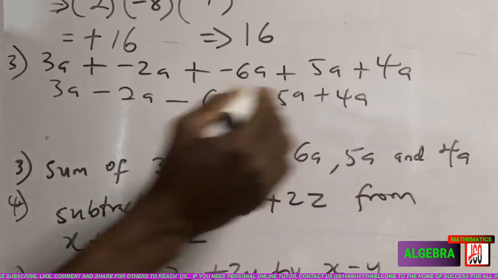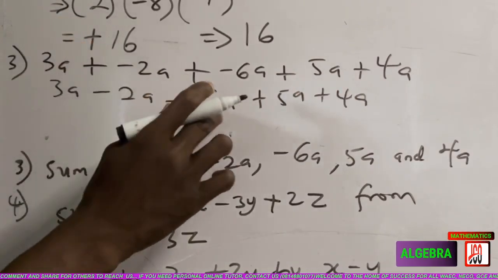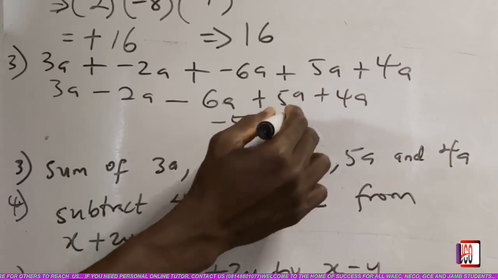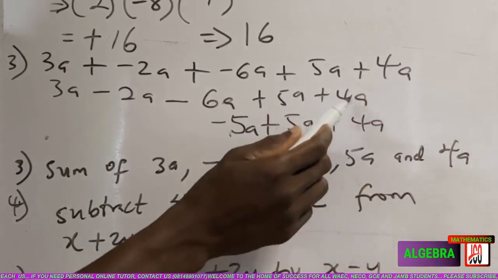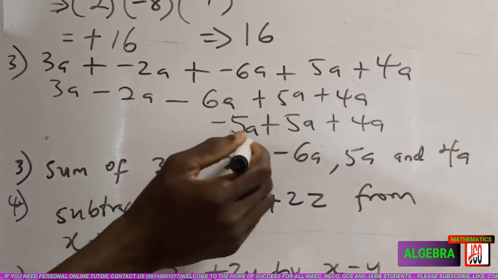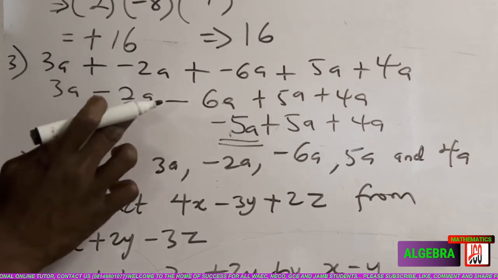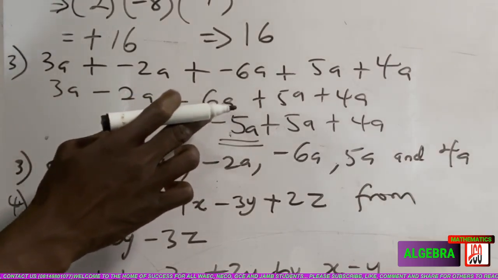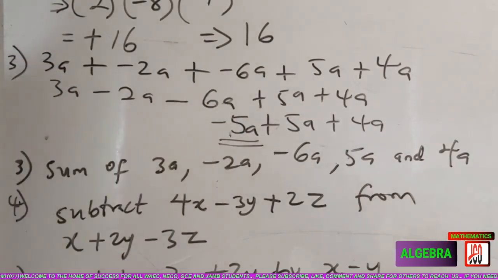plus 4a. 3 minus 2 gives me 1. 1 minus 6 gives me minus 5. So minus 5a plus 5a plus 4a. This is 4a, this is 5a. This minus 5 here is as a result of this 3. 3 minus 2 is 1. 1 minus 6 is minus 5.